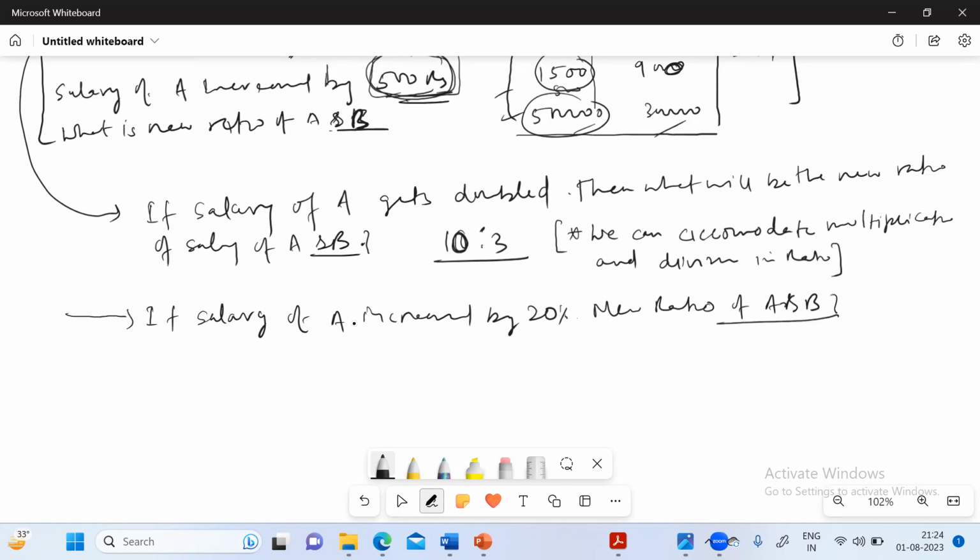Tell me someone, can we calculate the new ratio of A and B now? Sir, can't be determined.